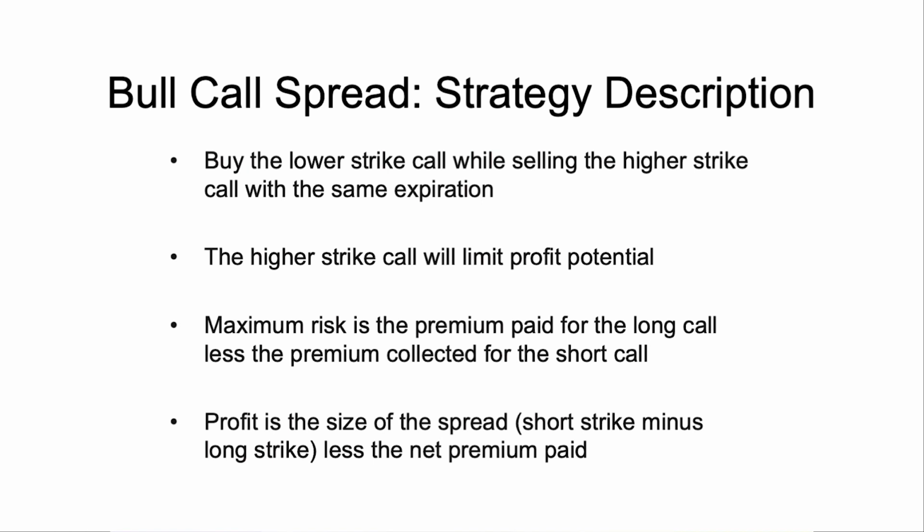The higher strike call will obligate us to sell the stock, and so that puts a cap on our profit potential. Our maximum risk is the premium paid for the long call minus the premium that we collect for the short call. We call that the net debit. The profit for this strategy is the size of the spread, that is the difference between the strike prices, less the net debit or the net premium paid.